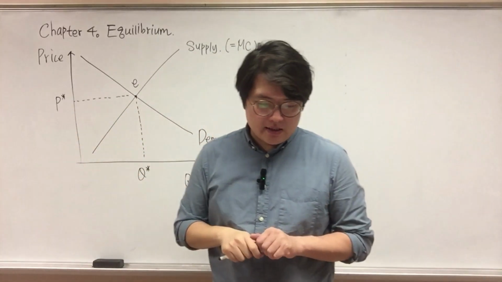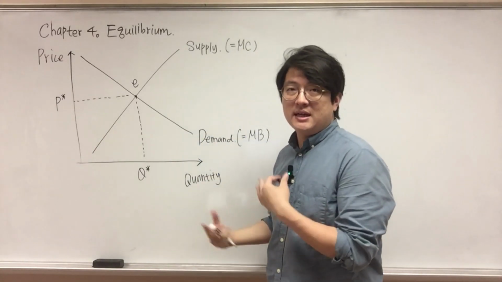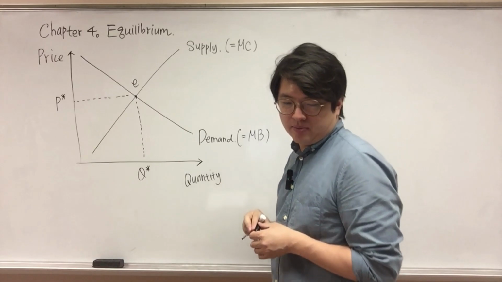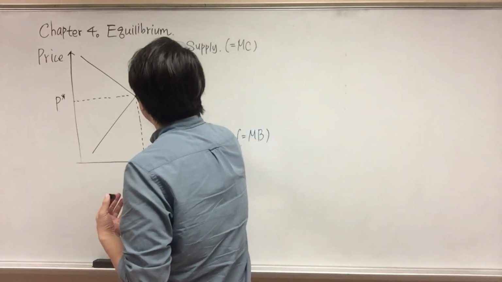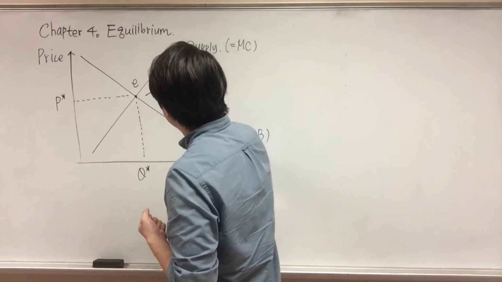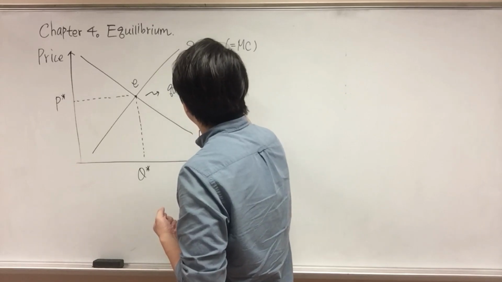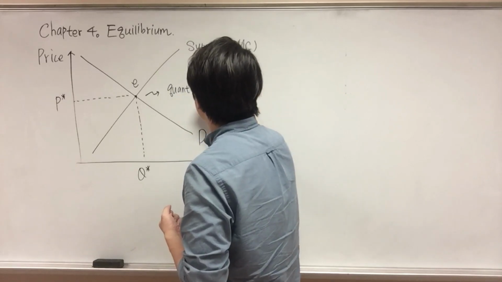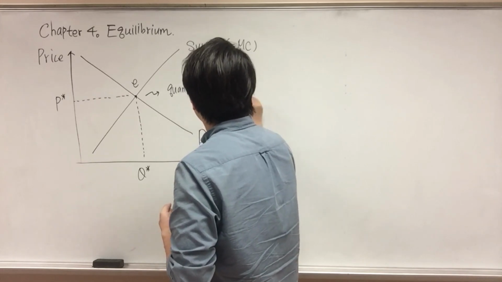In addition, the equilibrium point is where the quantity demanded and the quantity supplied become equal. So at this point, quantity demanded equals quantity supplied.